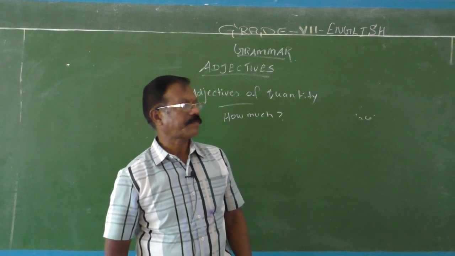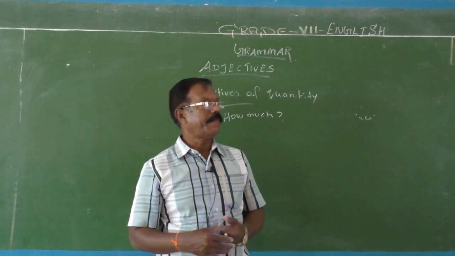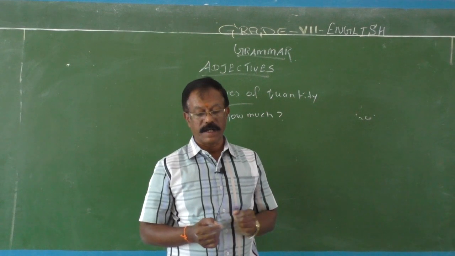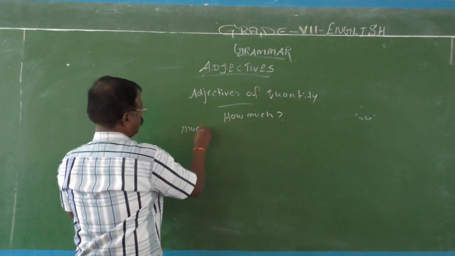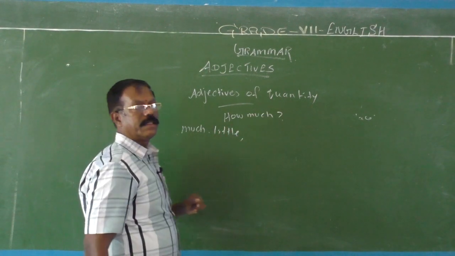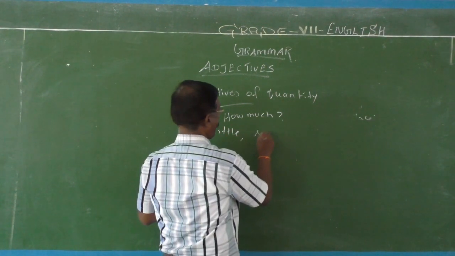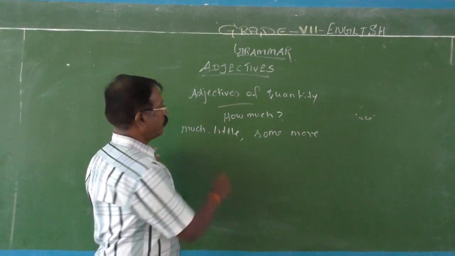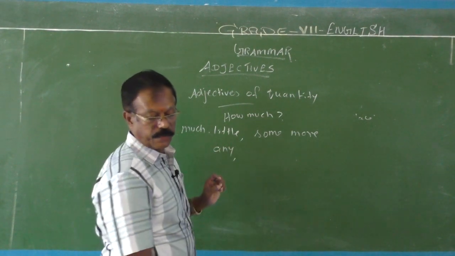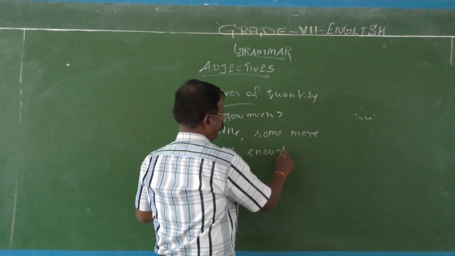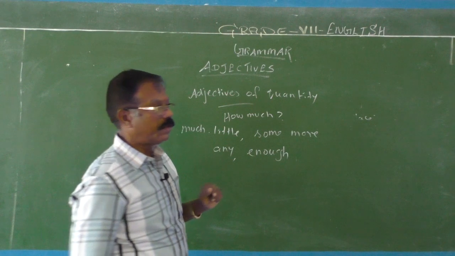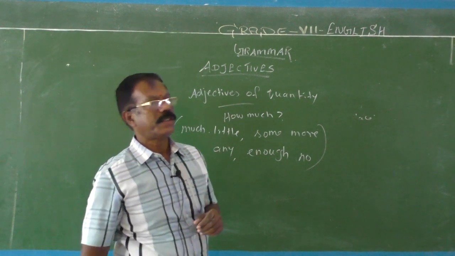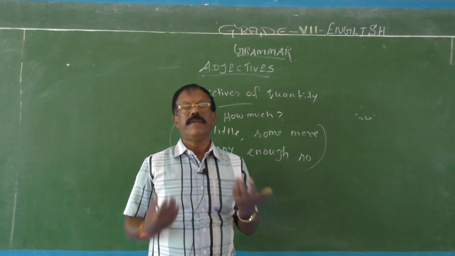The chief adjectives which can be used as adjectives of quantity are much, little, some, more, any, enough, and no, etc. So we have these adjectives in our language to express the quantity of the thing we have.